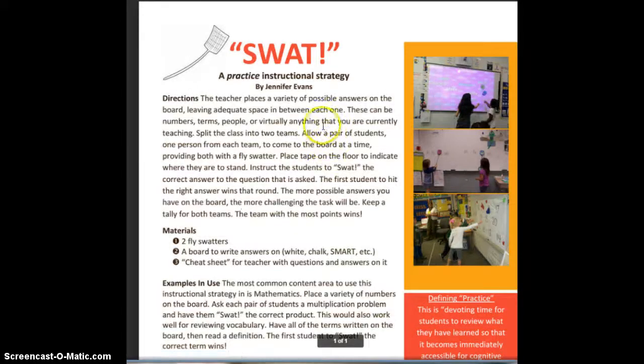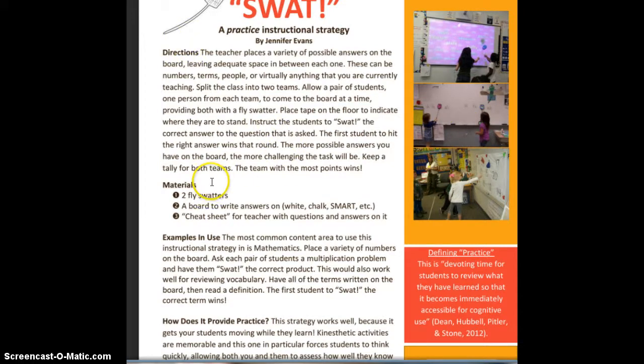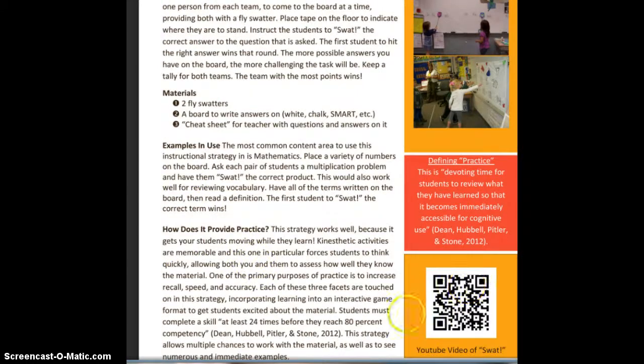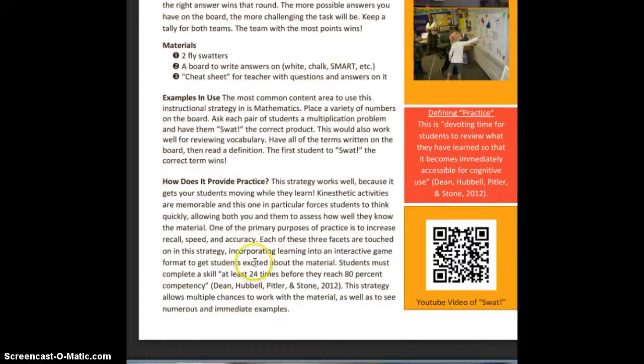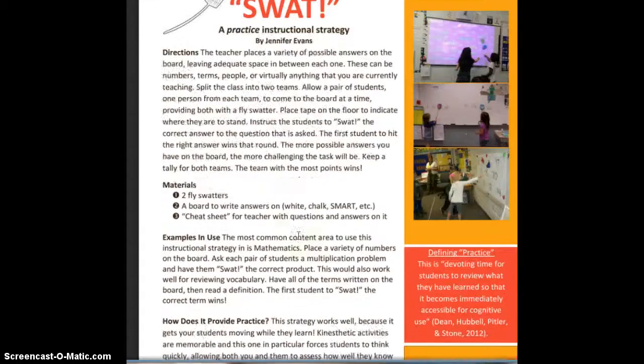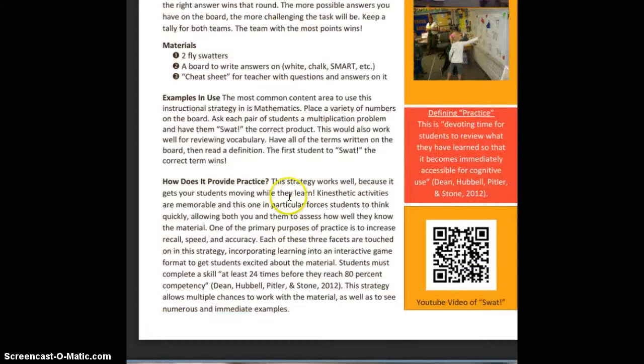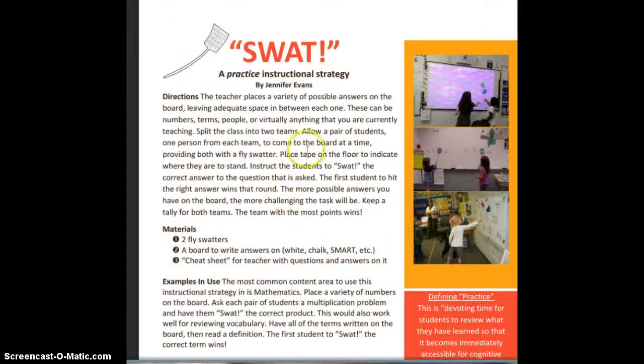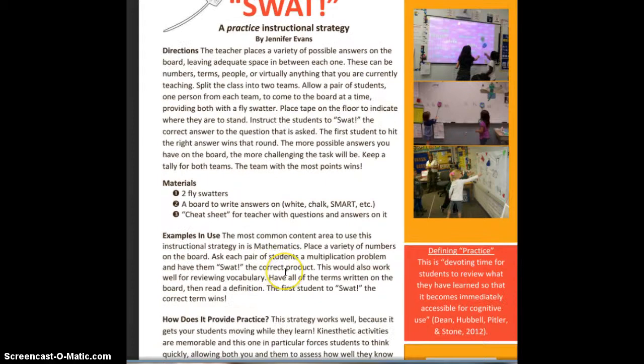Okay, and here's a different instructional strategy, SWOT. Again, photos, directions, materials even, examples of how it could be used, a QR code of a video. That's very clever. On this one, it does not include the references, so that would be something that was missing on this sample. But overall, as far as attractiveness and directions, materials, and examples, this one looks really good.